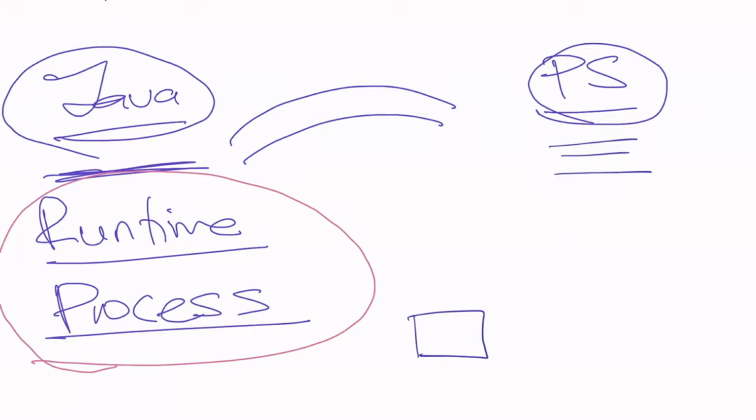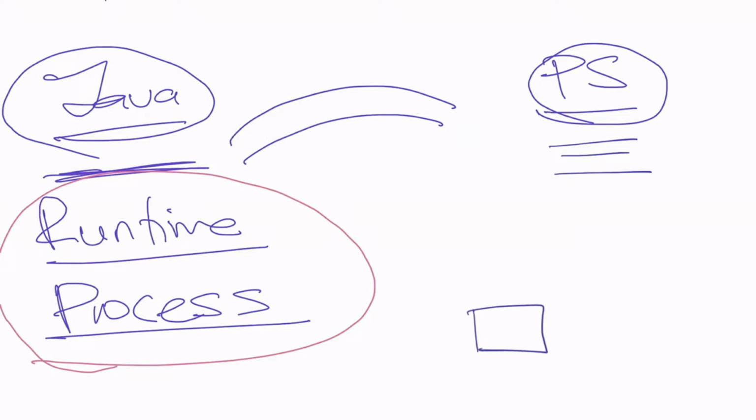So we make Java run PowerShell. PowerShell then produces an output that we want to give to Java so that it can actually show us that output on a screen. So that is our next step.